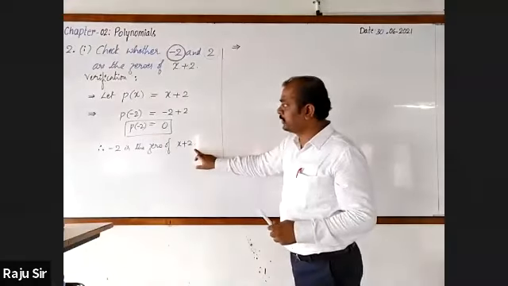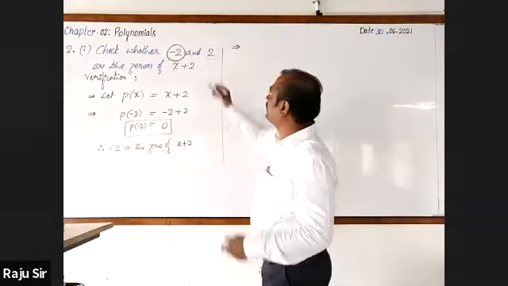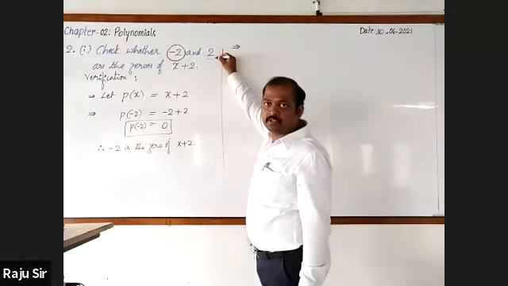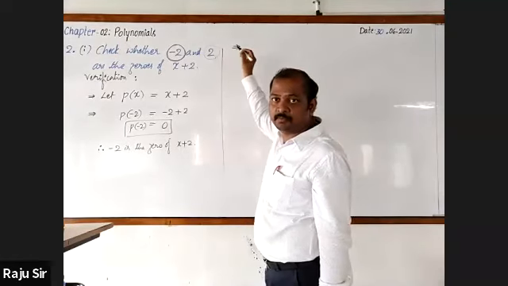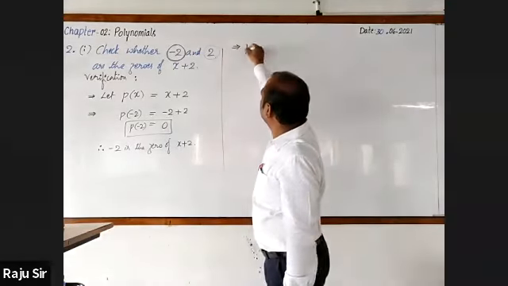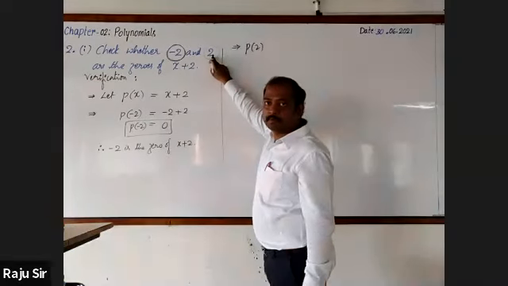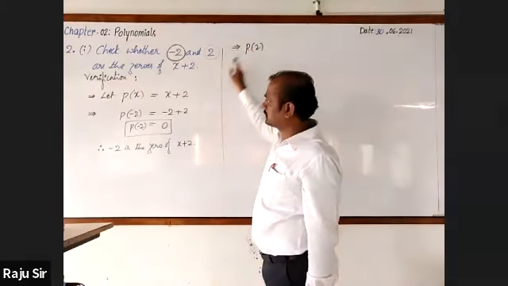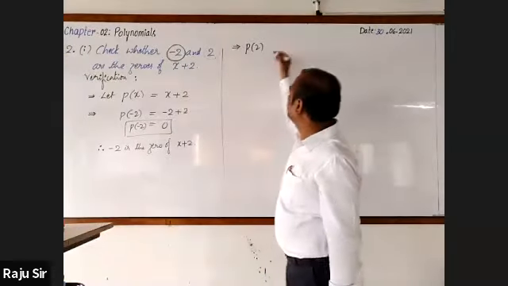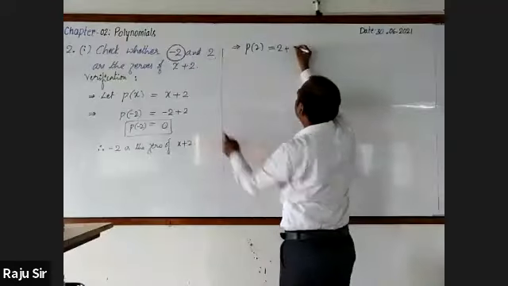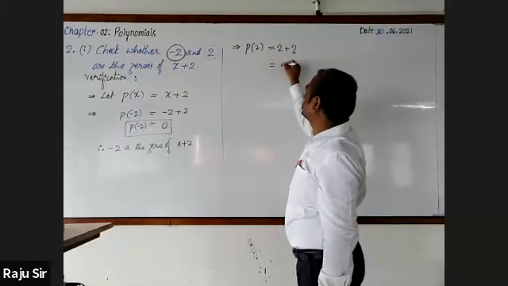Okay, if it is over, let's go for checking whether 2 is the zero of the polynomial. Please write with me. It is p of 2. Means we have to substitute 2 in place of x. Here x plus 2 is there. X is nothing but 2, so 2 plus 2. 2 plus 2 is 4. Is it equal to 0? No, sir.